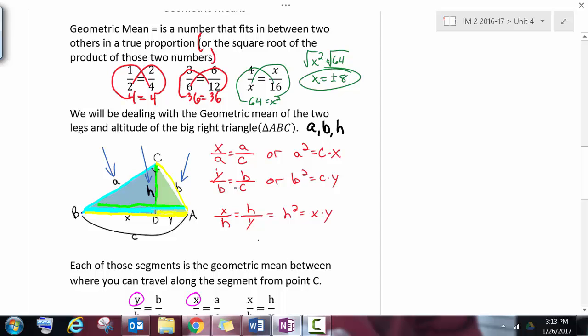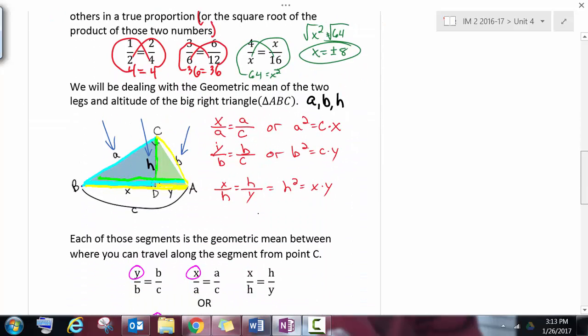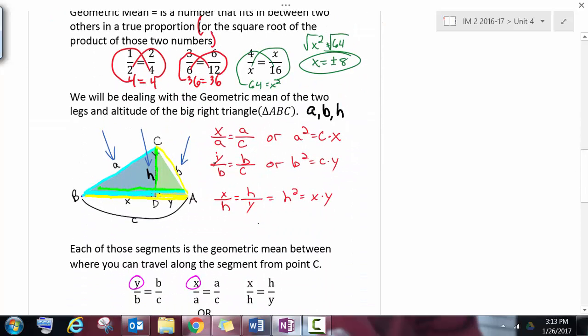We can set up the proportions like we did up here, but I think the easiest way to think about it is that we're going to start all of our lines from the big right angle of the big triangle. Then A, from C we go to letter B, so that's A, and from there we can go two places. We can either go to D or we can go to A over here, so that's that light blue.